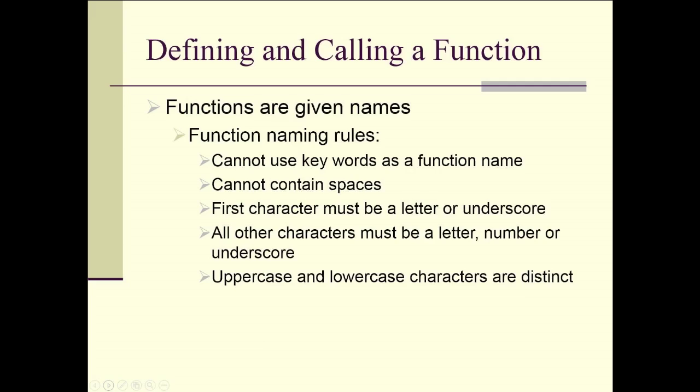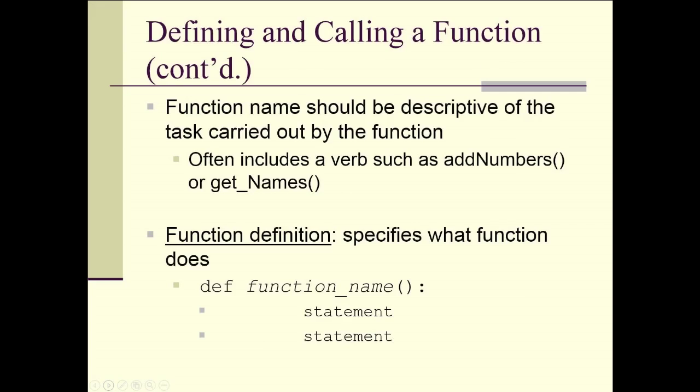And in Python, the uppercase and the lowercase characters are distinct and different. So if you've got a function, let's say function1, and you write it in all capitals, and you also write a function in lowercase, those are going to be two separate functions that can be called. Okay? The function name should be descriptive of what you want it to do.